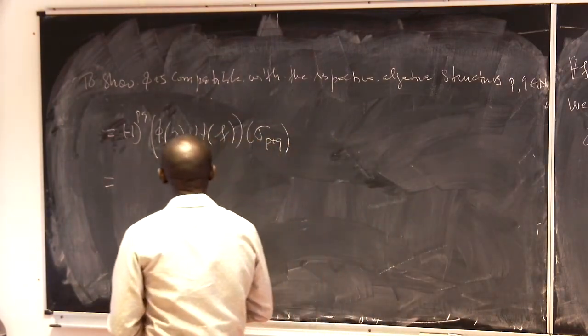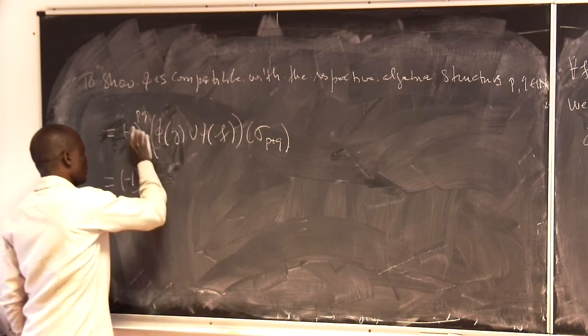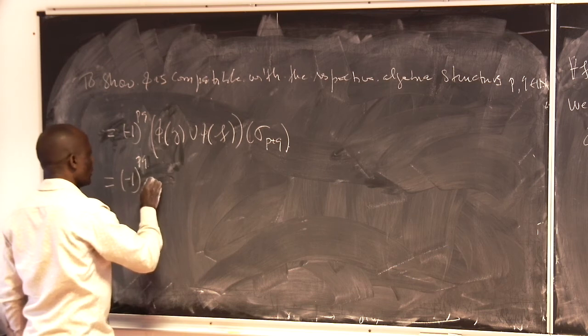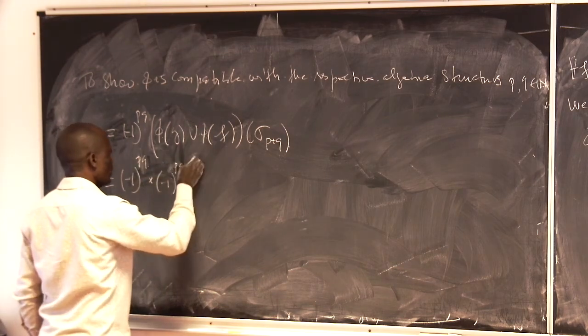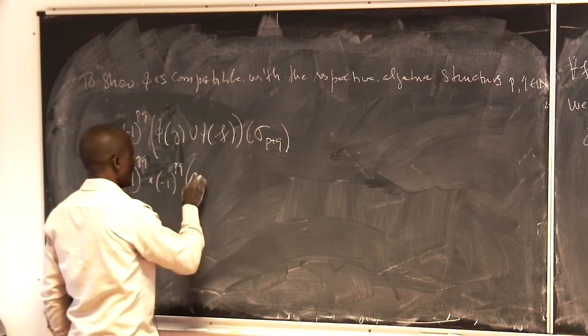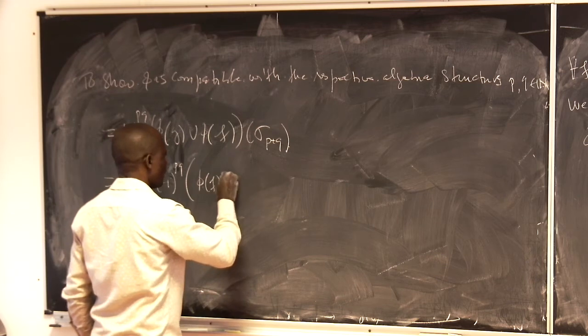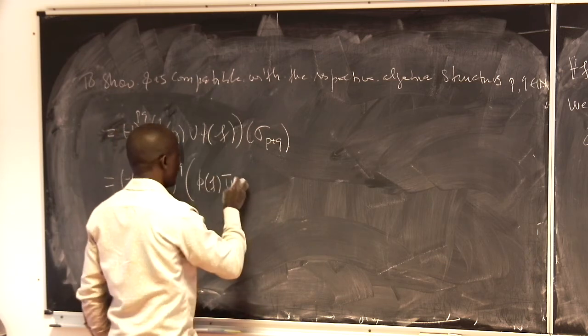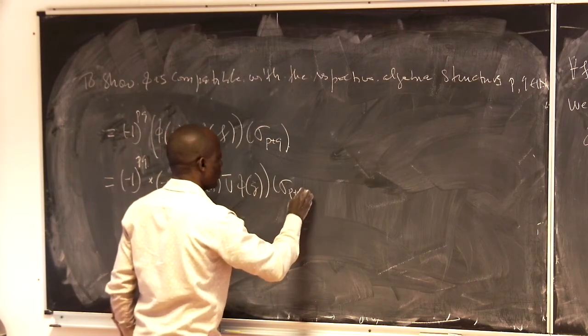So we have here (-1)^{pq} times (-1)^{pq}. Here we have phi of f cop bar phi of j applied to sigma_{p+q}.